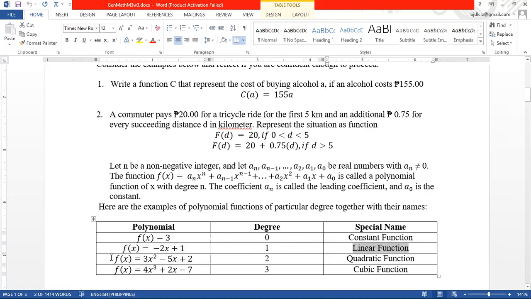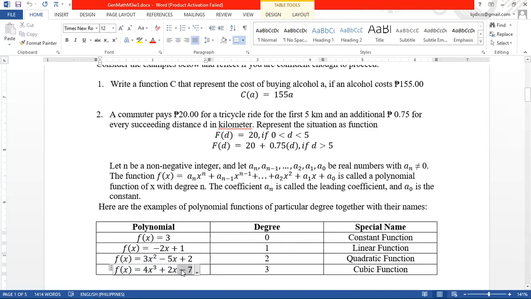Next, f of x is equal to 3x squared minus 5x plus 2. This has degree two, so that is a quadratic function. Next is f of x is equal to 4x cubed plus 2x minus 7.